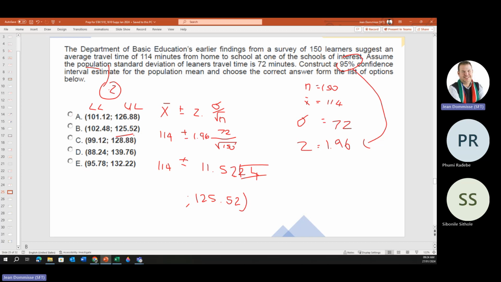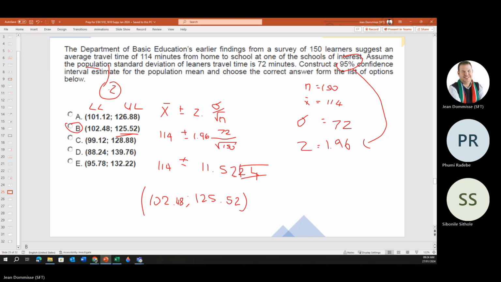Okay, so already there is my one option. There isn't anyone else, so we can pick it without even looking at the other option. But again, if you say 114 minus 11.52, you will get 102.48. Okay, which is option B.